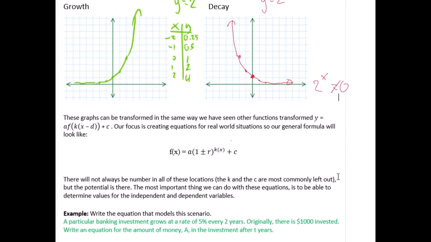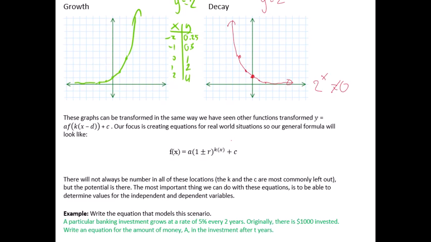Our general formula here is f(x) = a(1 ± r)^(kx) + c. So in this function, a and c represent different values.